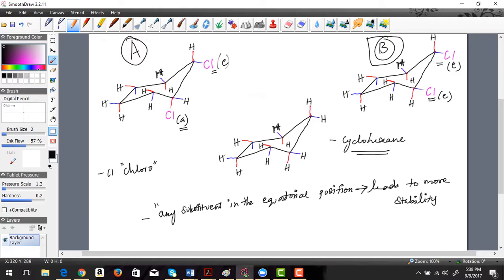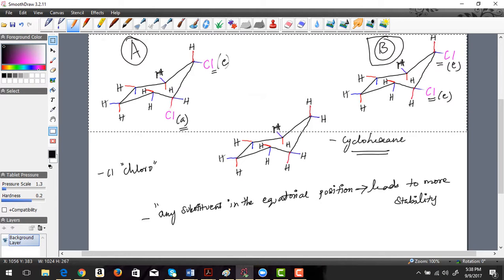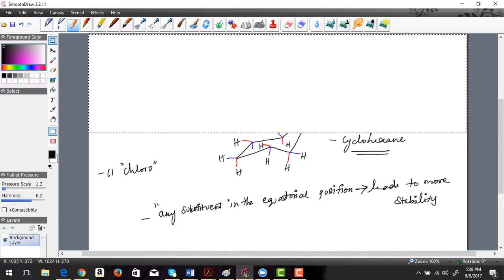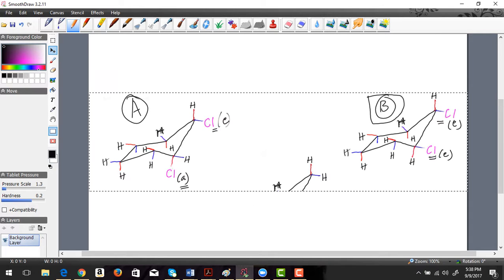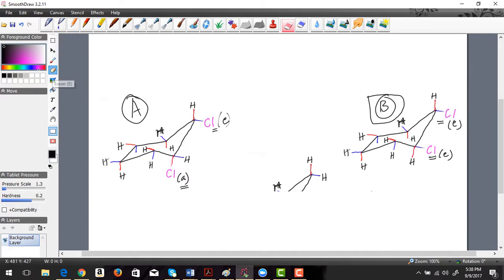Now let's get this, and copy it to a new screen so you know I can name them. And I am going to erase this portion right here.